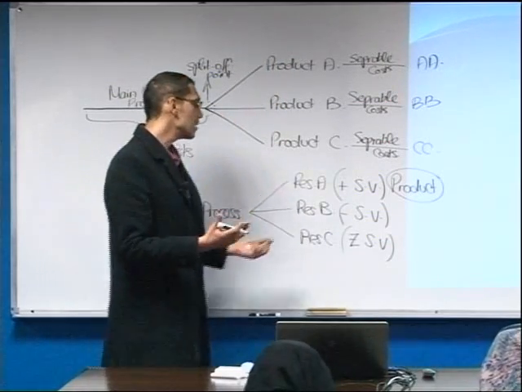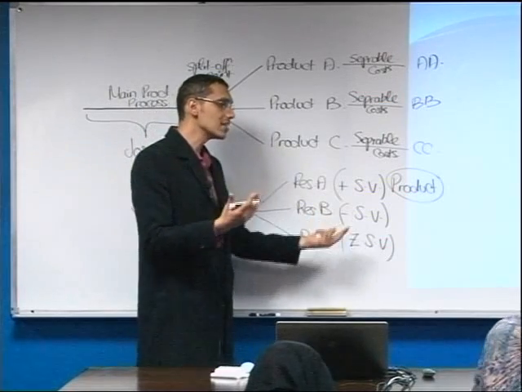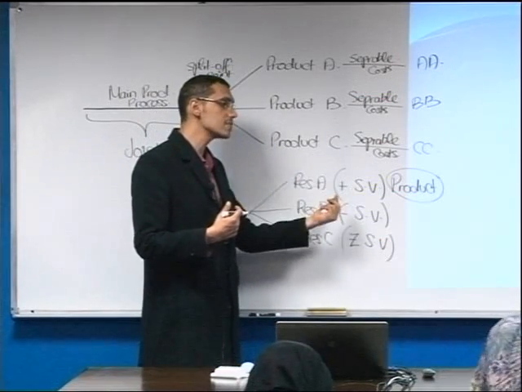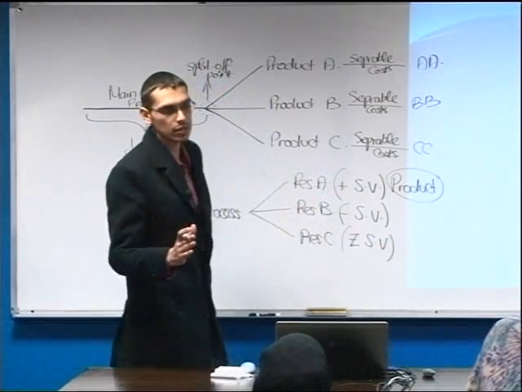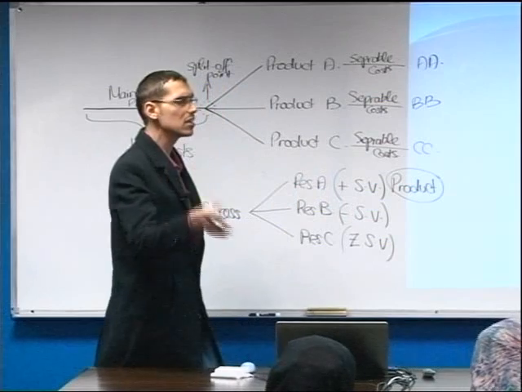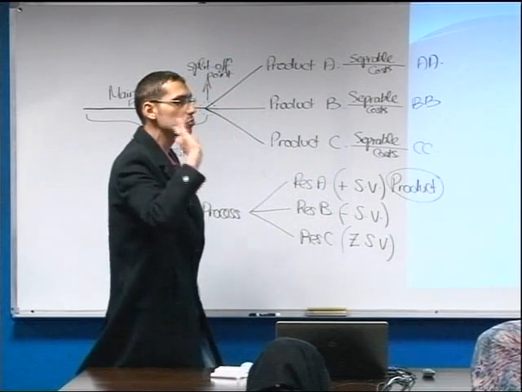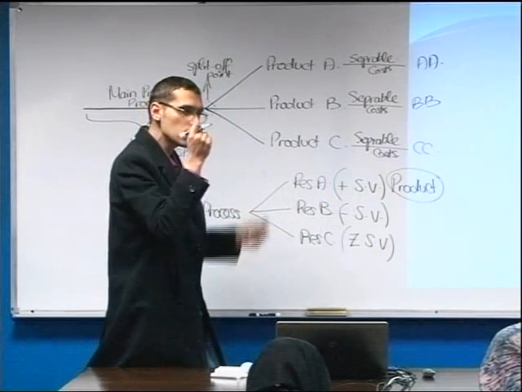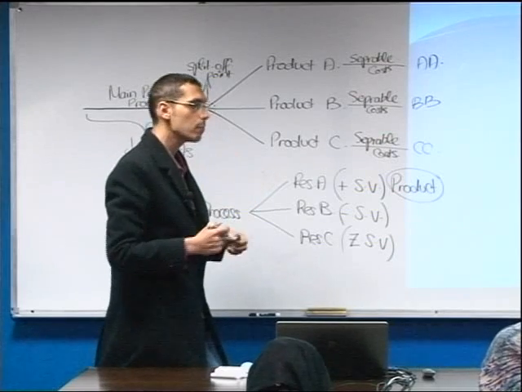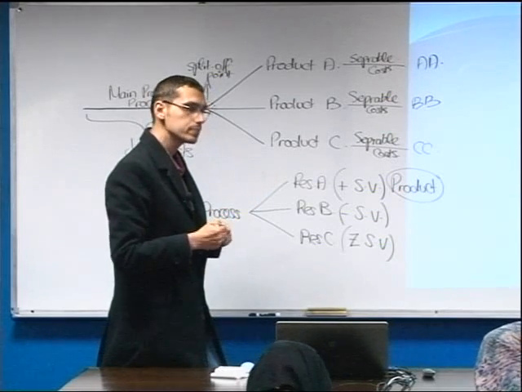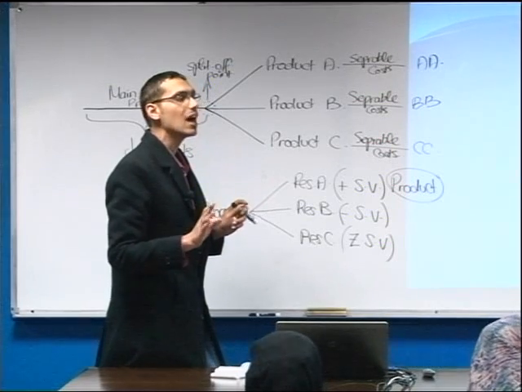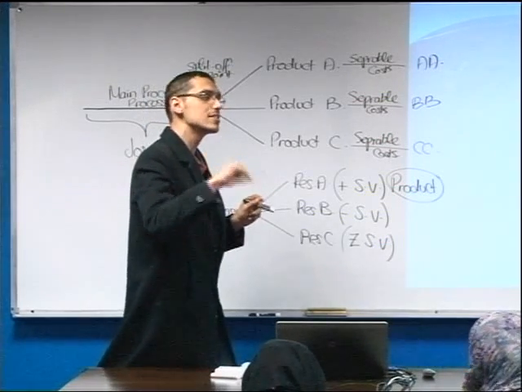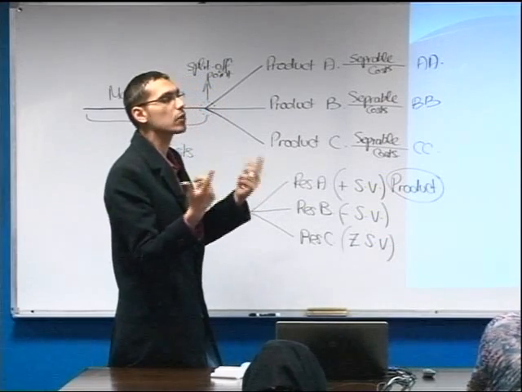Any result that does not have a positive sales value, whether it is negative or 0, is not called a product. It is called a result, it is called by its name and so on, but we do not call it a product, because the term product means that it has a positive sales value. Any questions?